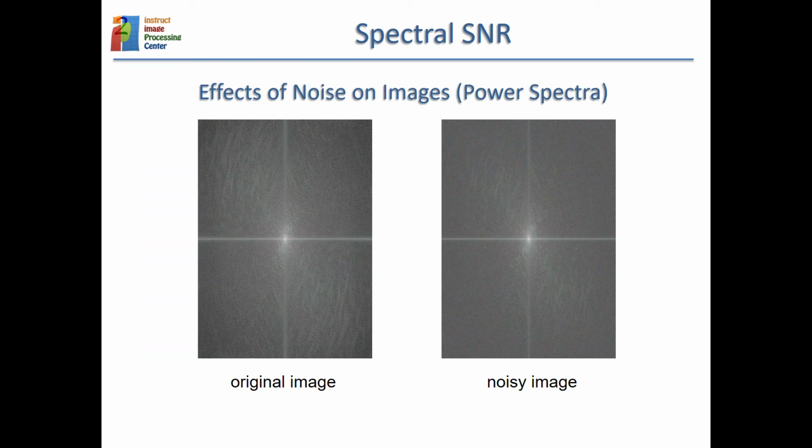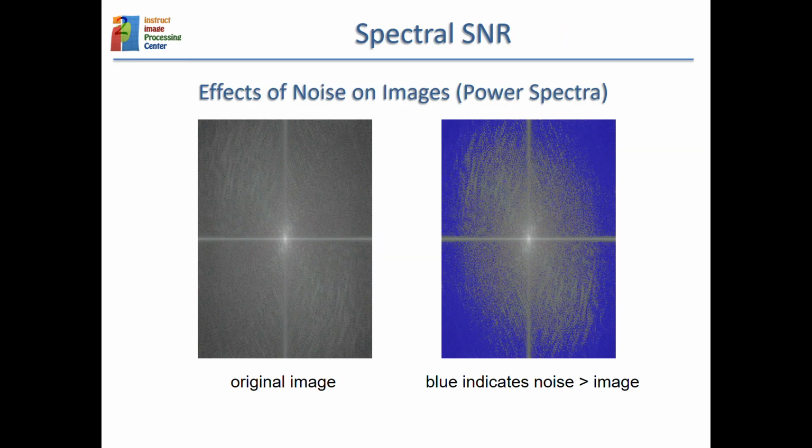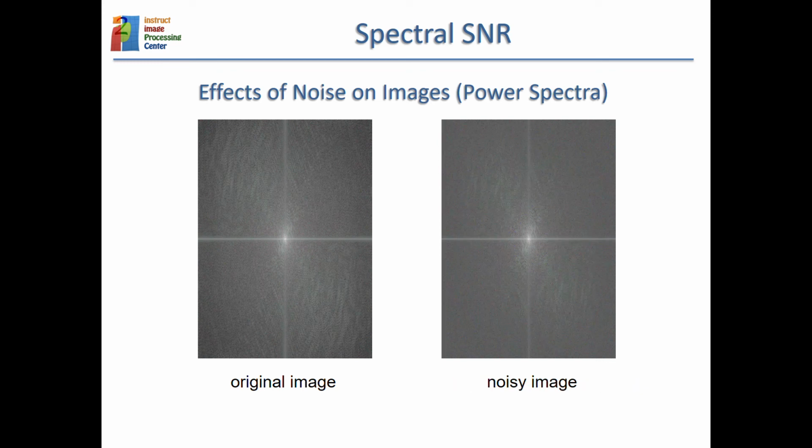Here we have the same idea, but now what we are plotting is in which area you have more signal than noise, looking at the full power spectrum rather than just one line of it.